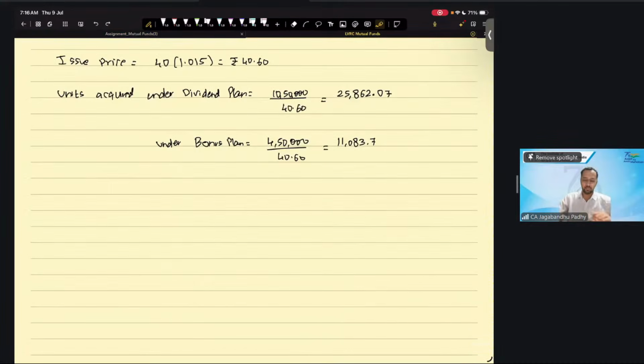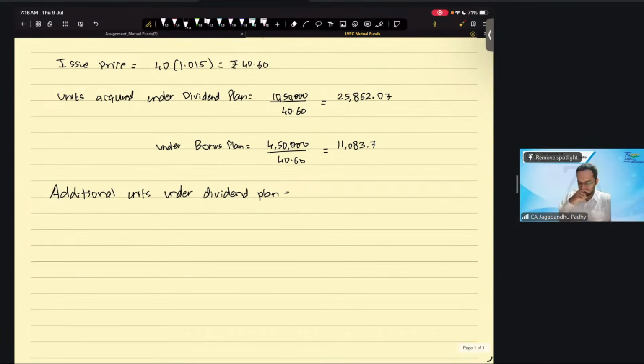So let us compute the additional units under the dividend plan.